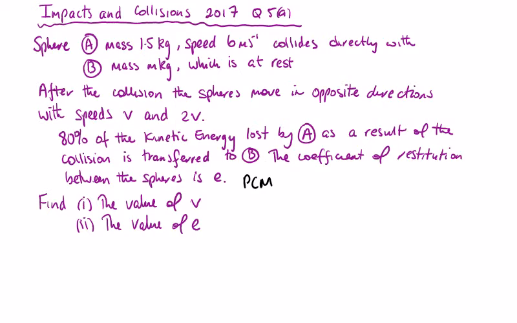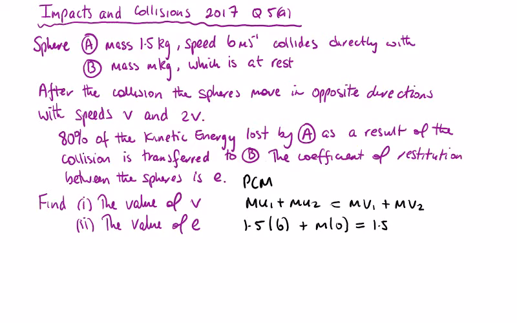So we have m u1 plus m u2 is equal to m v1 plus m v2. So the first mass is 1.5 and it's traveling at 6. The second mass is m and it's at rest, traveling at 0. So that's equal to 1.5, and we're told they travel in opposite directions.